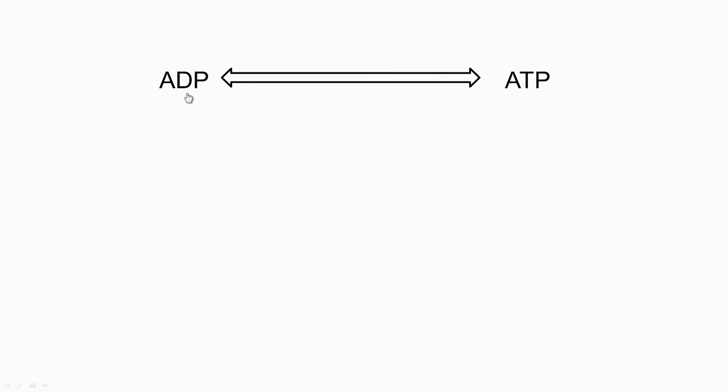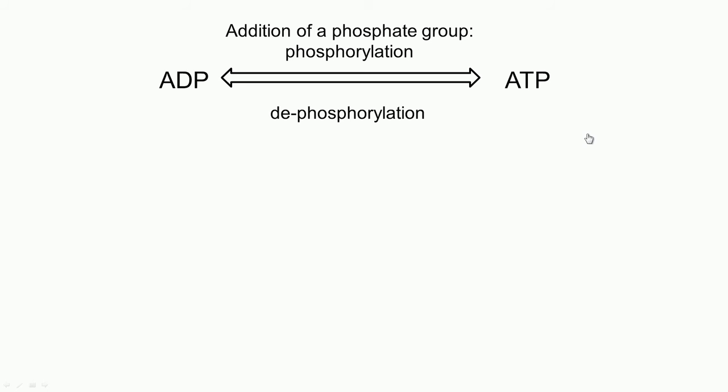So, let us look at this process in some detail, ADP getting converted to ATP. ADP getting converted to ATP, we know, is by addition of a phosphate group, and it is called phosphorylation. Phosphorylation of ADP yields ATP, and dephosphorylation of ATP yields ADP, and it is this dance that provides the energy for various things and also makes the energy currency in the cell.